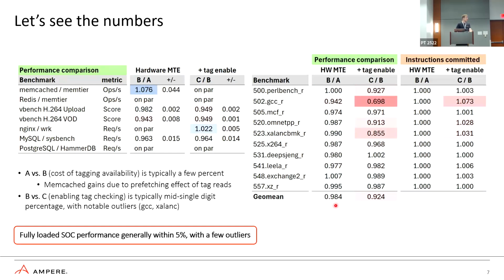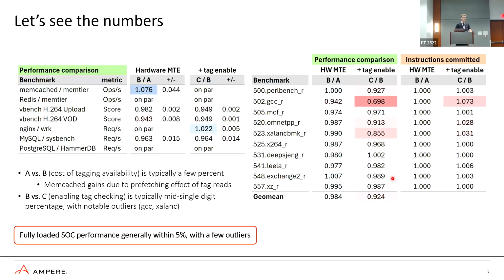Looking at C versus B, so this is actually enabling tag checking. Likewise, several workloads see no significant difference, about a 5% loss on video transcode, another small gain on Nginx. Looking at SPEC, many of the benchmarks don't care too much, but as you can see, there are some notable outliers, in particular GCC and Xalan, also Perl and Omnet.